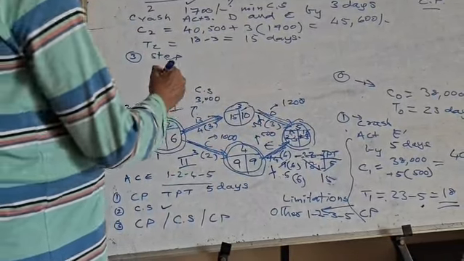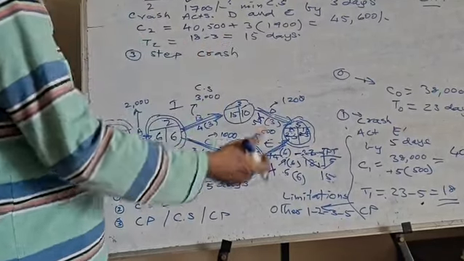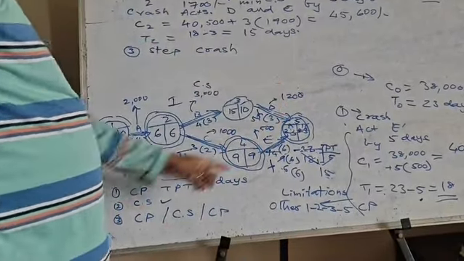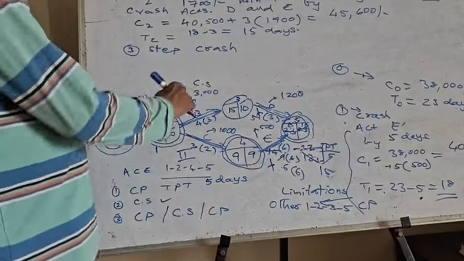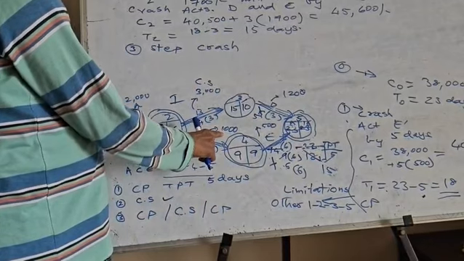So what we can crash, which is the minimum combination? 1000 plus 1200, it is 2200. You cannot do that, this is exhausted, finished. If you add this plus this only, you can take 3000, 1000, 4000.